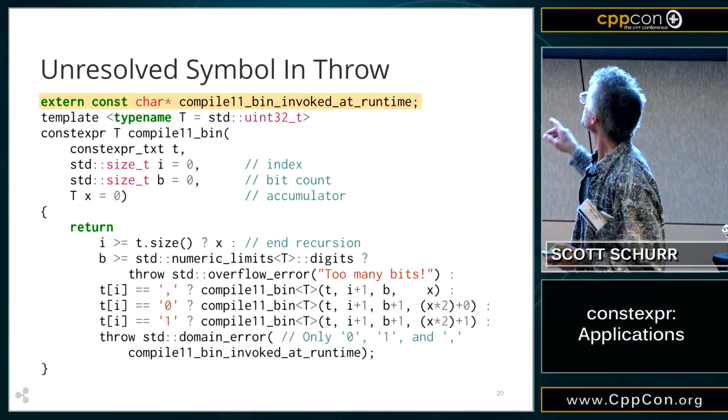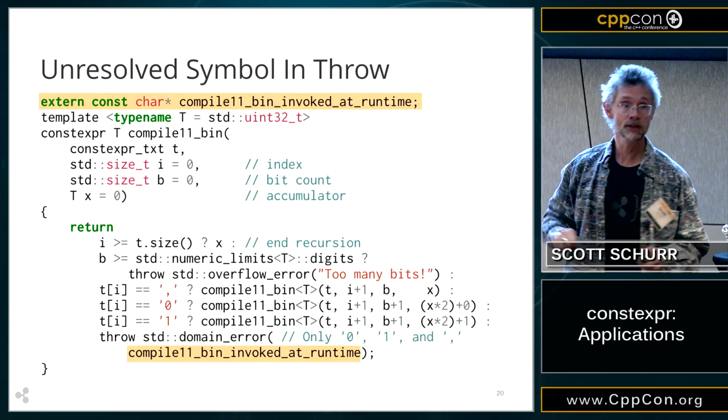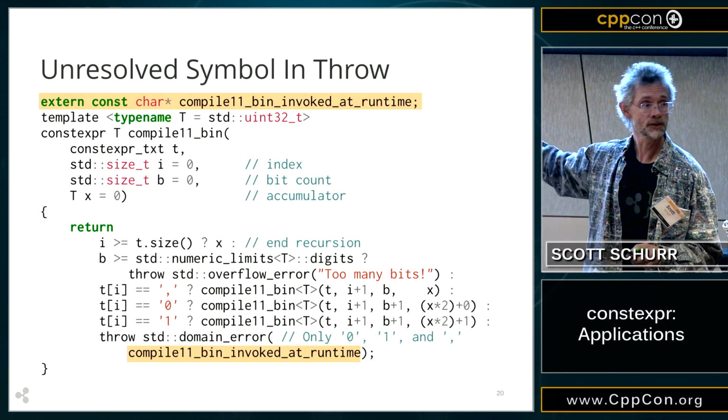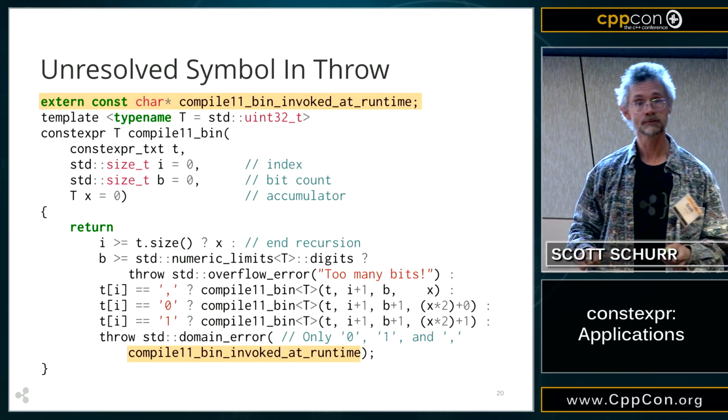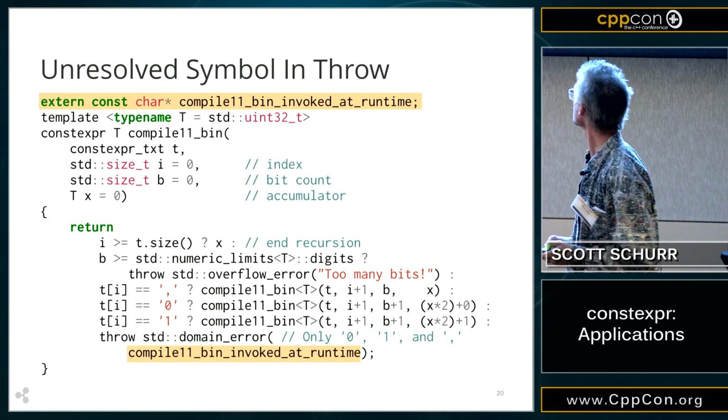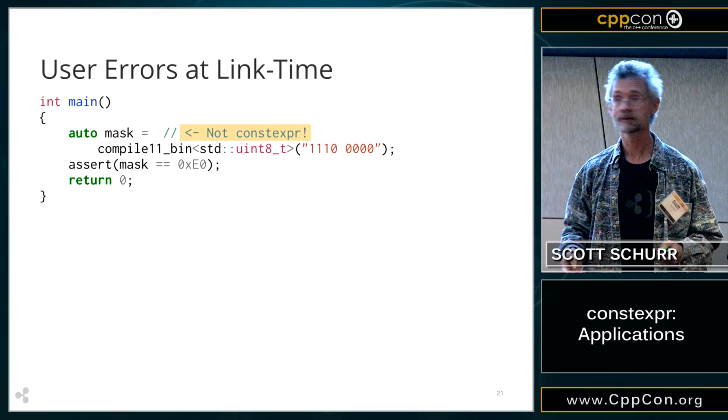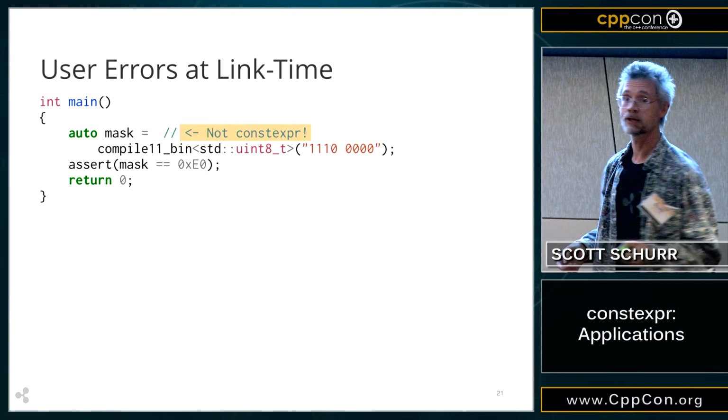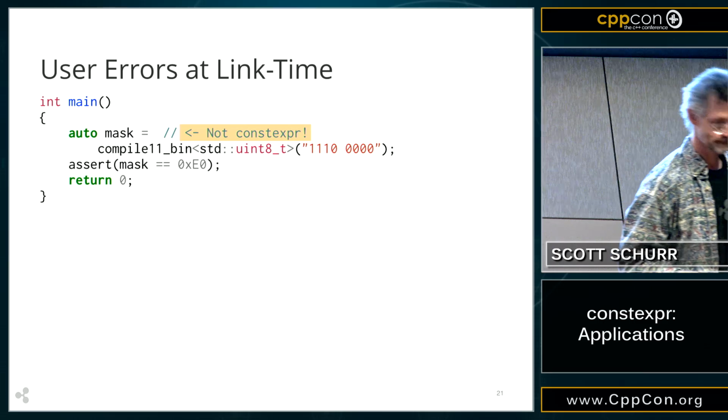So what we're going to do is have an unresolved external, and we're going to reference that unresolved external in your throw. What's going to happen with that? You're now going to get your user errors at link time.